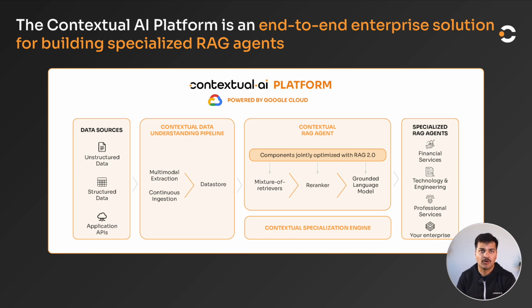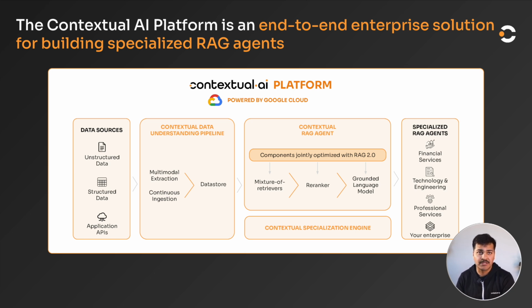Our end-to-end platform enables AI teams to rapidly build and deploy specialized RAG agents, providing state-of-the-art capabilities to accelerate their development cycles and just move faster in general. There are a few core components to the platform. The mouth of the system is basically our data understanding pipeline, which continuously ingests, extracts, and processes all of your enterprise data, regardless of the modality, the scale, the size, and of course the format.